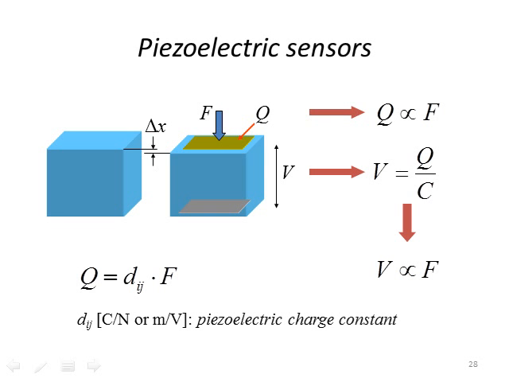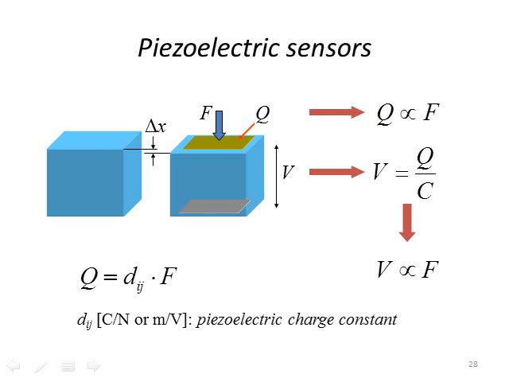If we apply a force to this material and deform it, let's say in the x direction, then we will generate an electrical charge, and the charge is proportional to the force that we apply. And then the voltage generated between the 2 plates, using Gauss's law, is simply that charge divided by the capacitance, and therefore the voltage output from the capacitor is proportional to the applied force.